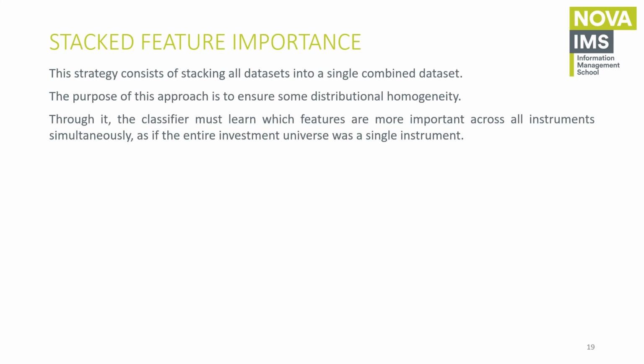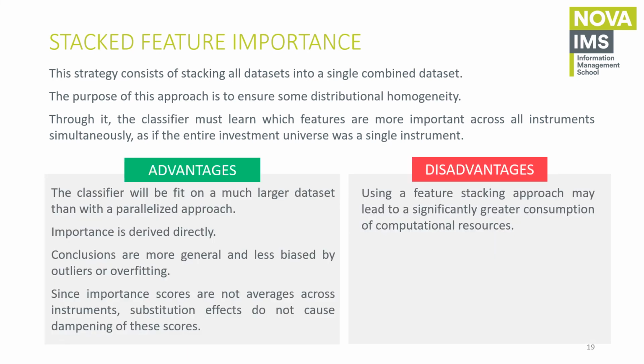Moving on to stacked feature importance, this strategy consists of stacking all datasets into a single combined dataset. The purpose of this approach is to ensure some distributional homogeneity. Through it, the classifier must learn which features are more important across all instruments simultaneously, as if the entire investment universe was a single instrument. As with all approaches, we have some advantages and disadvantages. For advantages, the classifier will be fit on a much larger dataset than with a parallelized approach.